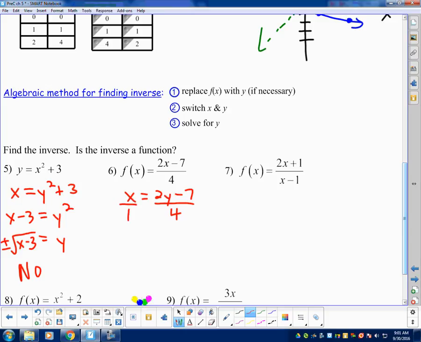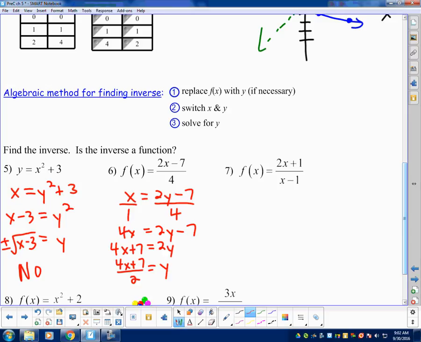How do we solve a proportion? Cross multiply. So I got 4x equals 2y minus 7. You think we can get y by itself now? I think we can handle that, right? So add the 7 over. And divide by 2. So 4x plus 7 divided by 2 equals y.